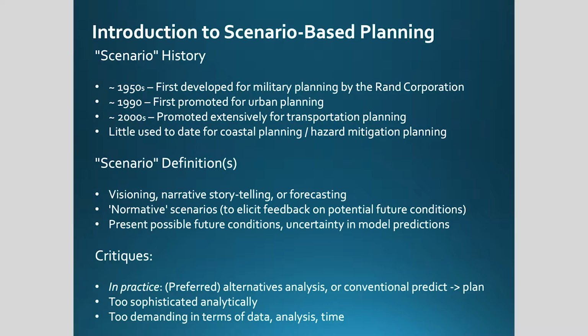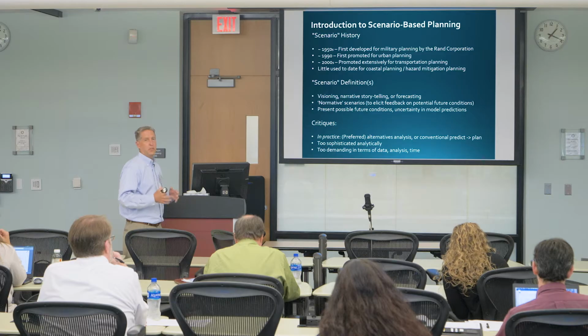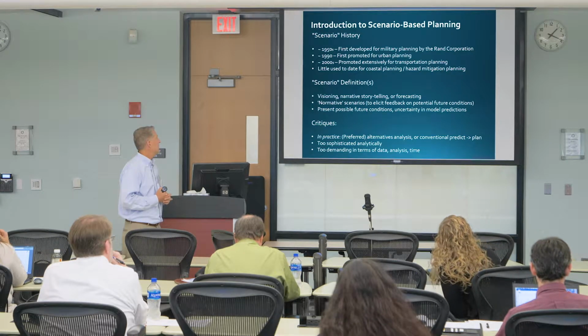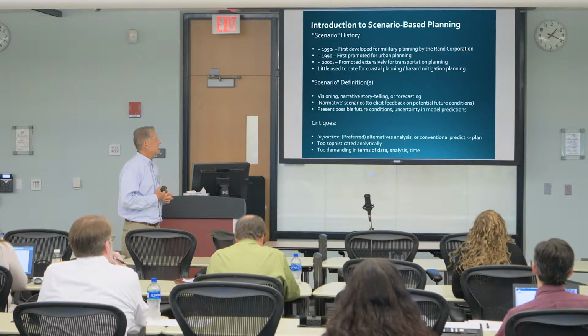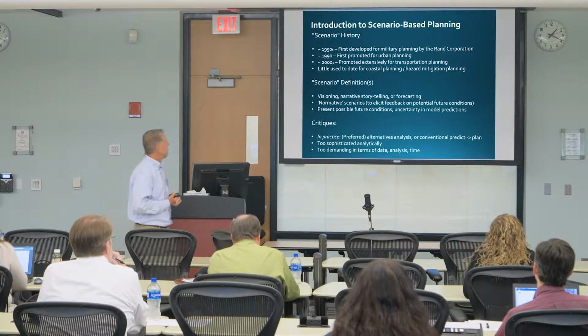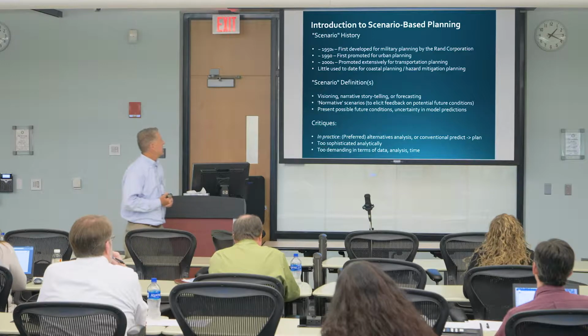It's really used, as best I can tell in the literature, mainly for transportation planning right now. The folks doing transportation planning are using scenario-based planning. We've not found much published work on using it for hazard mitigation or coastal settings, except that we are. We're now picking it up.